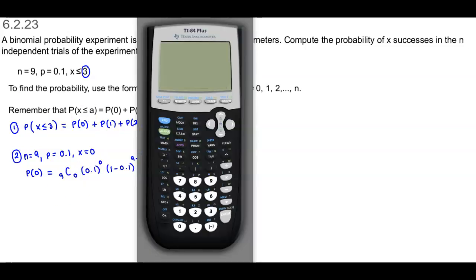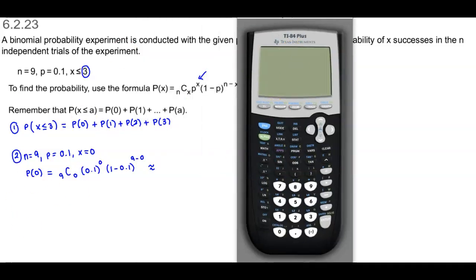And so we're going to go ahead and do that. Let's put that in our calculator. The best way to do that is the following. We're going to put in the combination formula, so it's going to be 9. We're going to go to math and then go to probability, and then put in the combination, number 3, and the value of r is going to be 0. We hit enter, and that's going to give us 1.